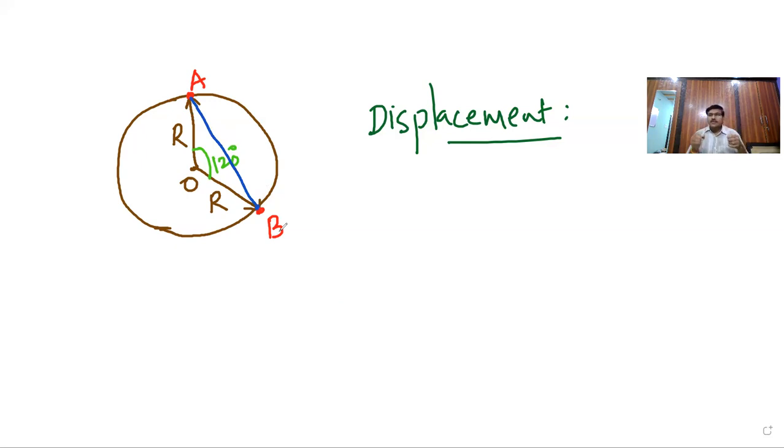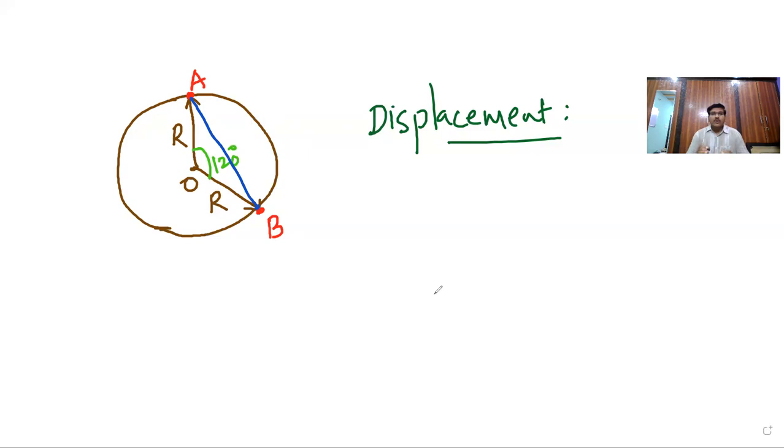The length of the straight line joining initial point A and final point B is known as displacement, or otherwise the shortest distance between initial position A and final position B. This is displacement. Clear?